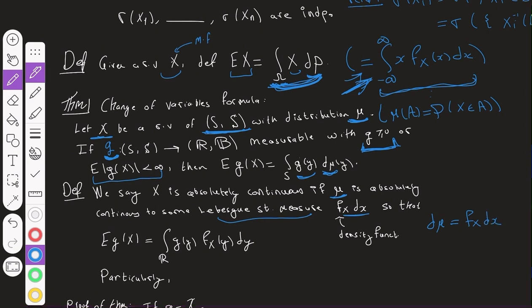In other words, the Radon-Nikodym derivative of mu is f of x.